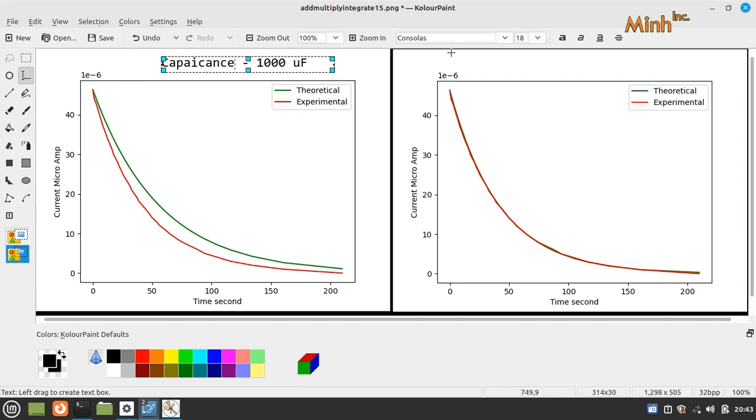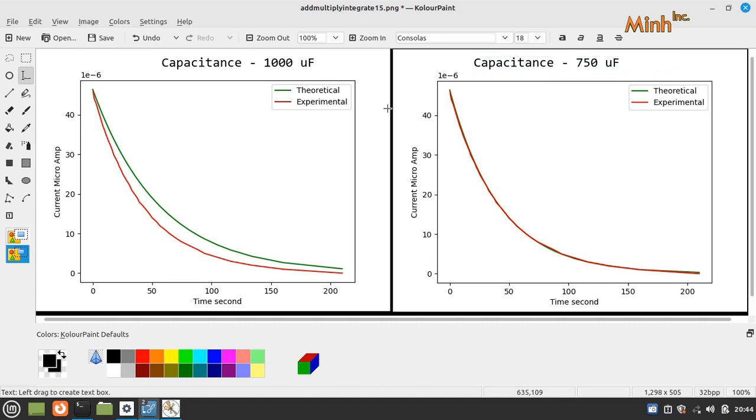So when capacitance is 1000, now in calculation it is taken as 750 microfarad and they just coincide.